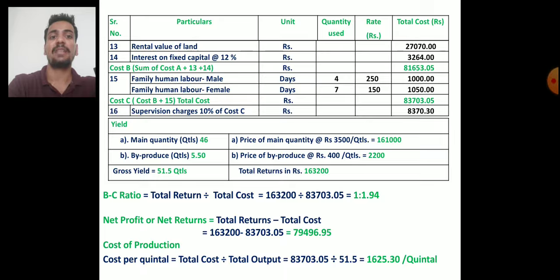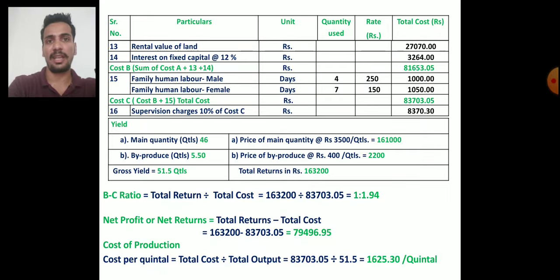Now net profit or net returns. What is the formula for calculating net profit or net returns? It is equal to total returns minus total cost. Here my total return is 1,63,200 minus my total cost of 83,703. So my net profit is 79,000, means up to 80,000 from the cultivation of 1 hectare of soybean, okay.